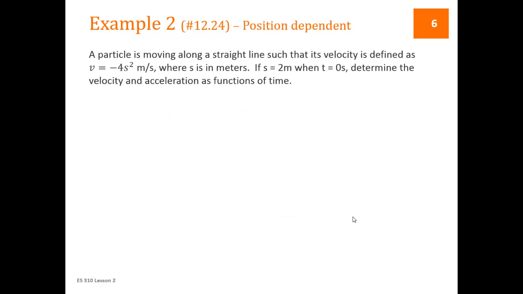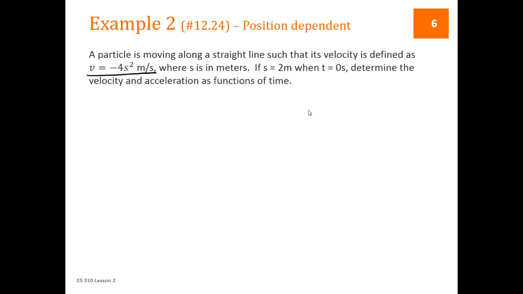As another example, let's look at a situation where we don't have any knowledge of time, right? So this is a position-dependent equation, right? Velocity is written in terms of position. So we have a particle, it's moving along a straight line, so we can use these methods because it's a straight line. Its velocity is defined in terms of position. So velocity is equal to -4s squared, and s is in meters.